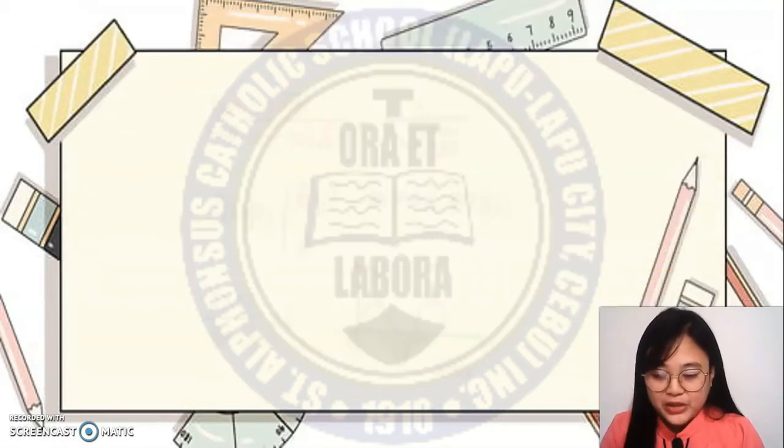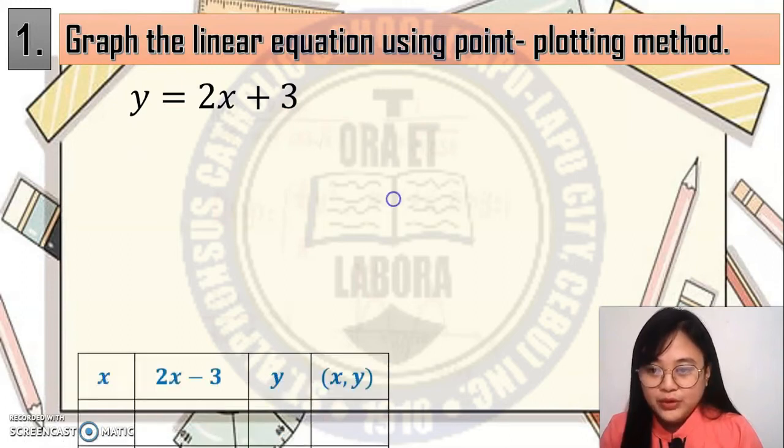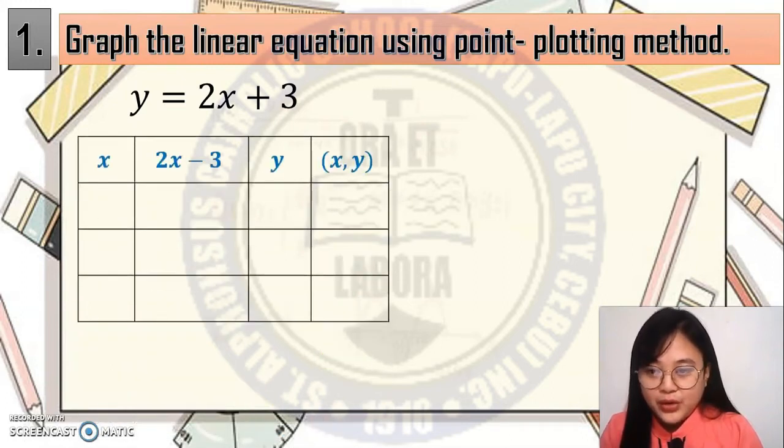So what are you waiting for? Let's have now example number 1. Graph the linear equation using the point plotting method: y equals 2x plus 3. For the first step, class, we're going to assign values for x.